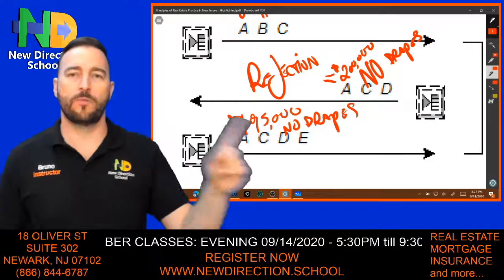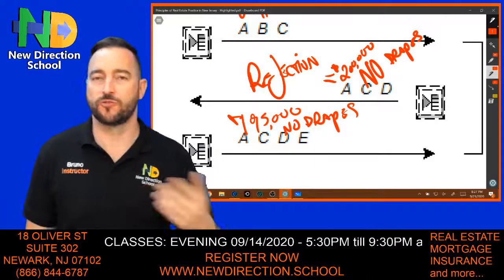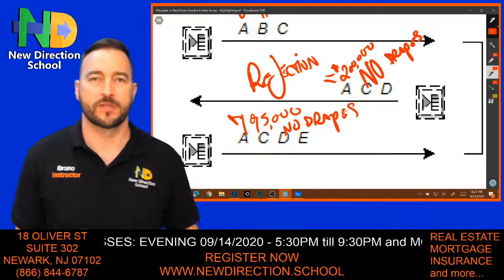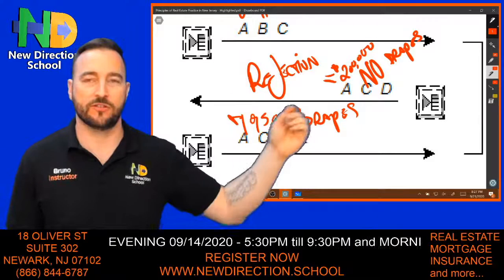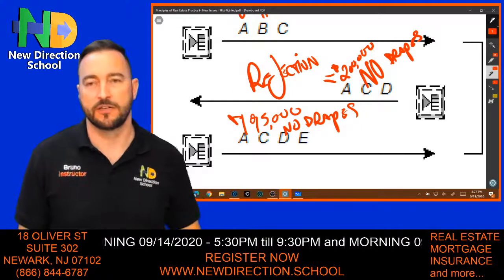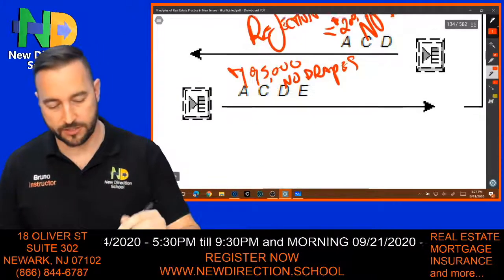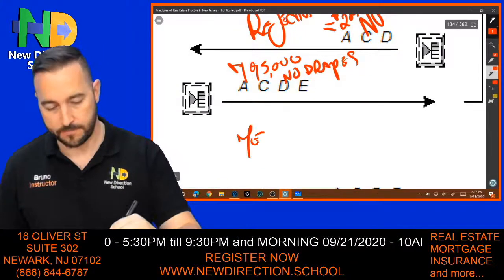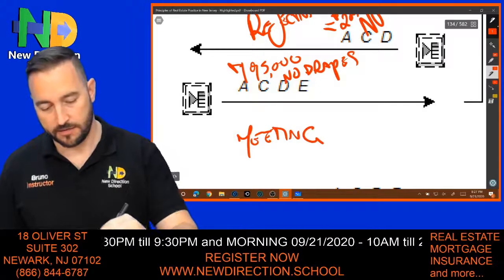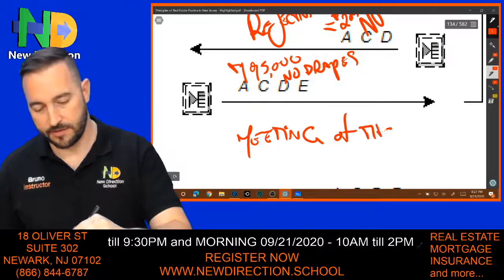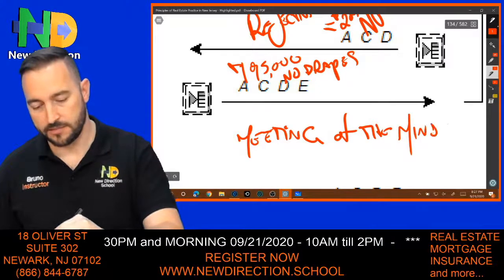And we can go back and forth, guys. This is what happens during attorney review most of the times. We go back and forth changing letters, changing numbers. It goes back and forth until we reach, again, meeting of the minds.